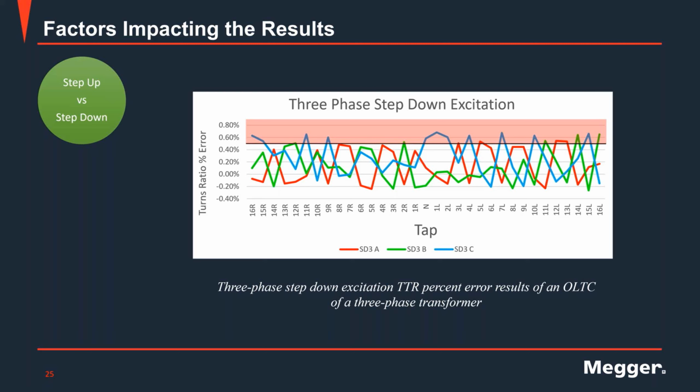And if we look towards the end, on the 14, 15L, 16L taps, phase A and phase B are also outside the limit. Is this transformer showing some damage?